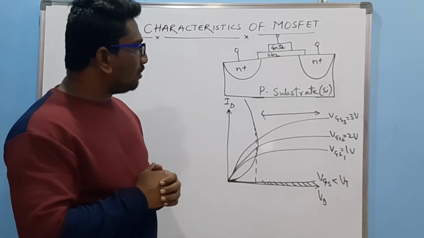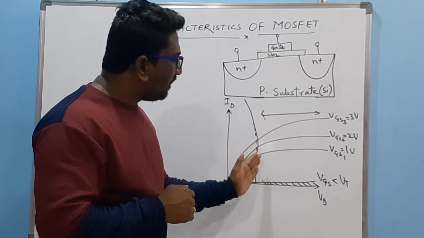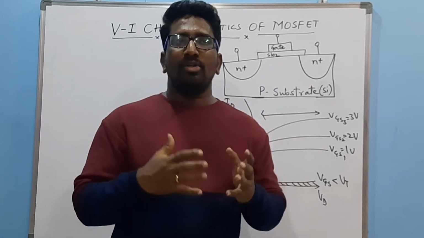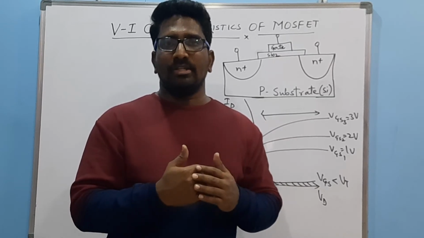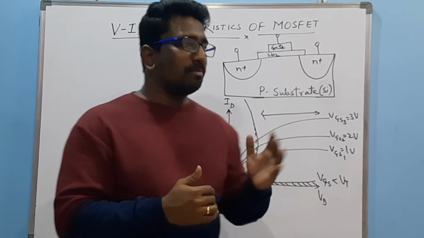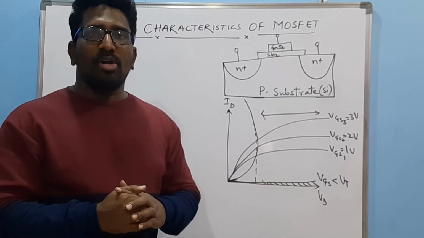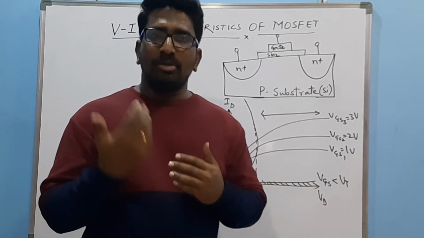Now, why does this bending of the curve take place? The bending of the curve takes place because of the increase in the resistance. Whenever in the saturation region Vd equals Vgs minus Vt, the current is going to be constant.